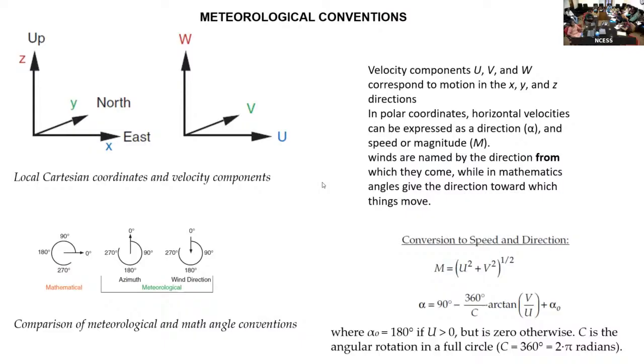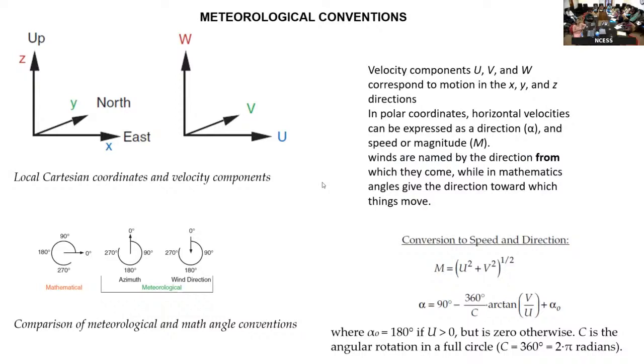The horizontal velocity component, the zonal component, is u, with the positive direction towards east. The y-direction component is from south to north, and that is v. The vertical component, from the surface upwards, is w.